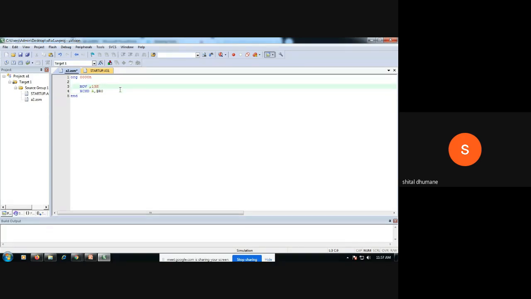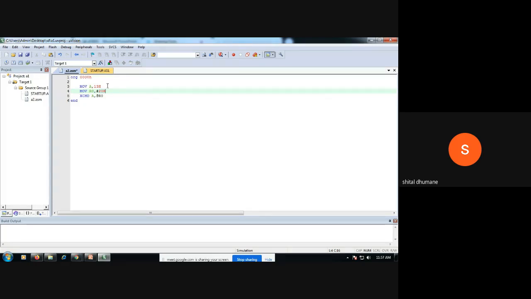Suppose my accumulator contents are 13H. Then move R0, I have taken one memory location, 20H, which is stored in R0. Now we will store some data at that memory location when we debug the program.